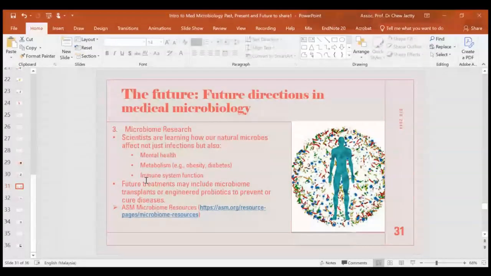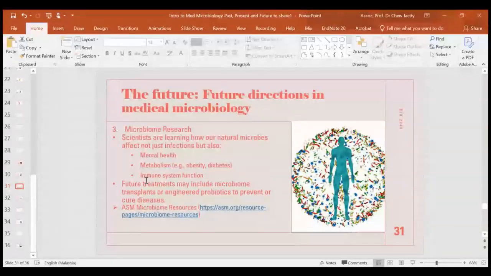So we have already seen a lot of evidence that the microbiome that we carry, the bacteria, the fungi, even archaea or very few viruses, have an impact on your mental health, your metabolism, your immune response to different foreign cells or pathogens.